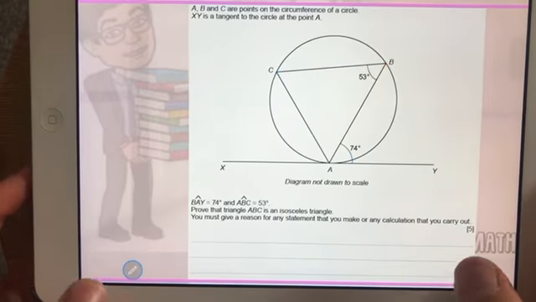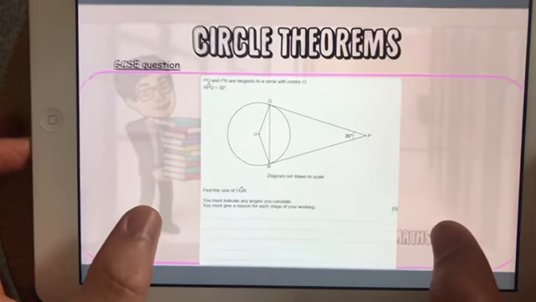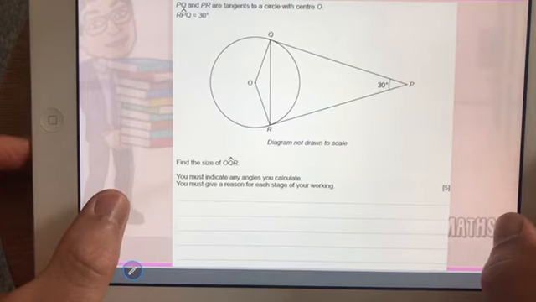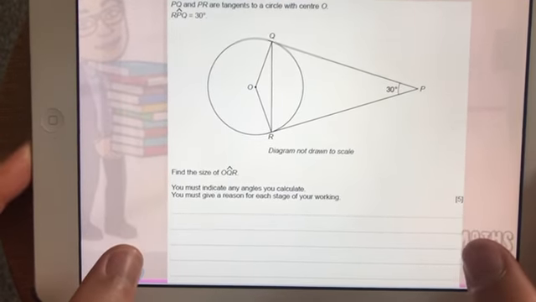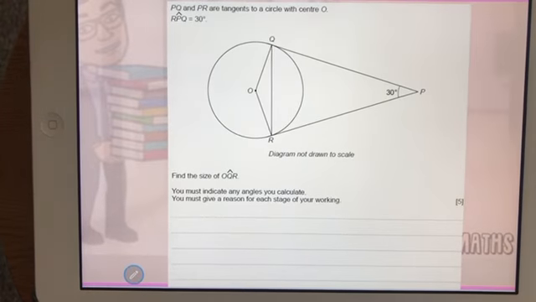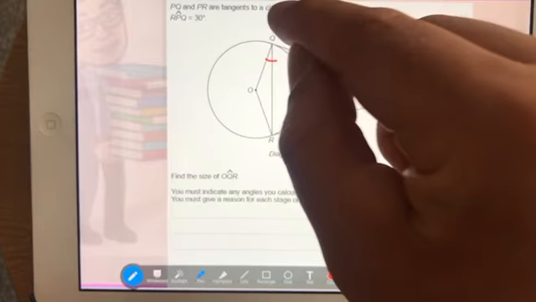Okay, right guys, last one, then we stop. The very last one of the day, then we're done. Find the size of angle OQR, that's this one in here.